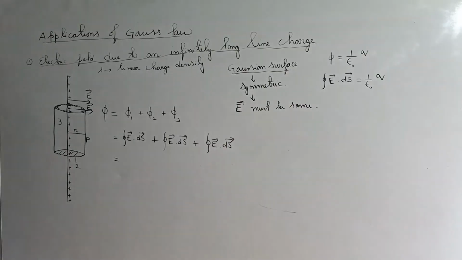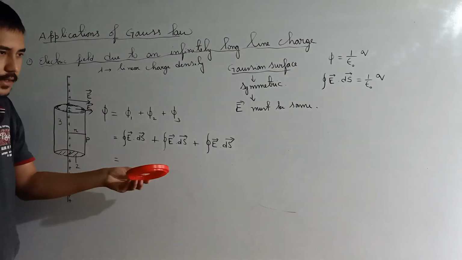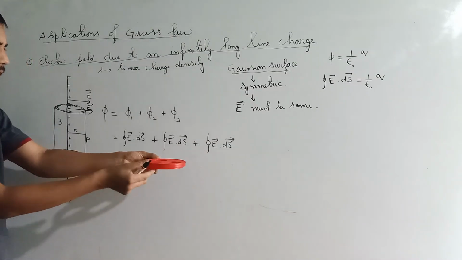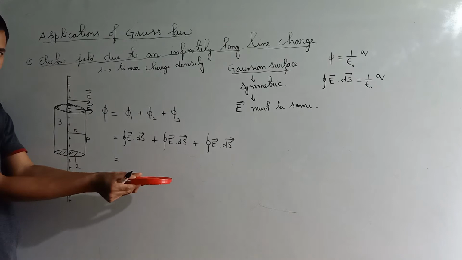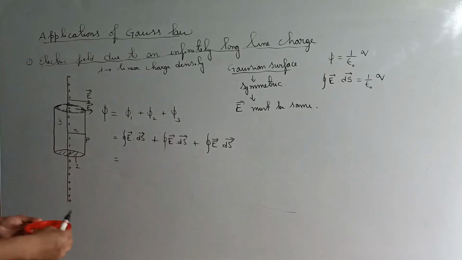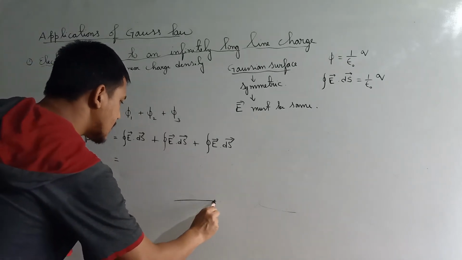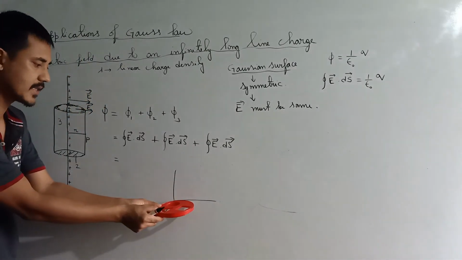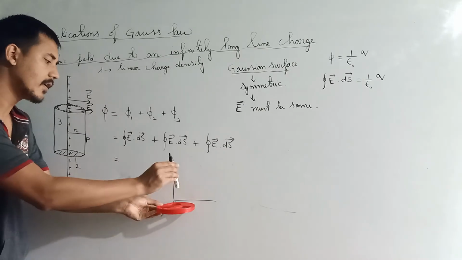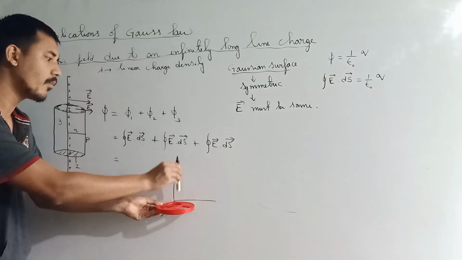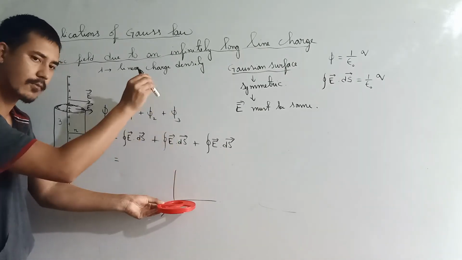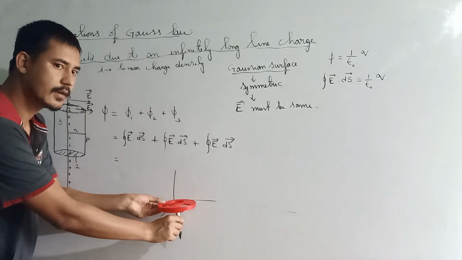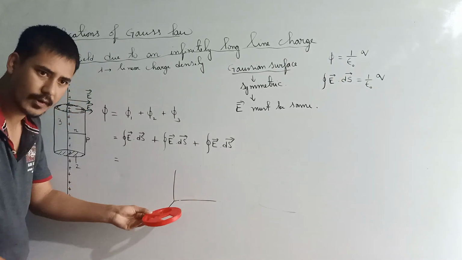But if you have a circle in the xz plane, suppose this is your x-axis, this is your y-axis, this is your z-axis, then your area vector will be either perpendicular upwards, acting along positive y, or perpendicular downwards, along negative y-axis, right?